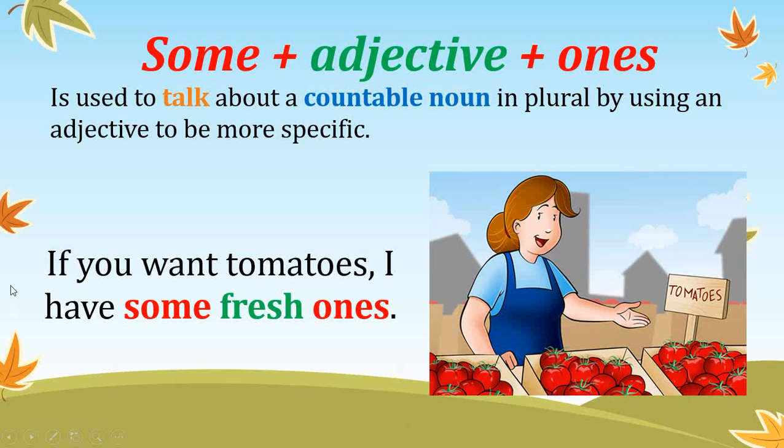And the sentence says, if you want tomatoes, I have some fresh ones. We use the adjective fresh to make reference to the tomatoes, and we use the word ones for not repeating again the word tomatoes, for not saying, if you want tomatoes, I have some fresh tomatoes. No, we say, if you want tomatoes, I have some fresh ones.